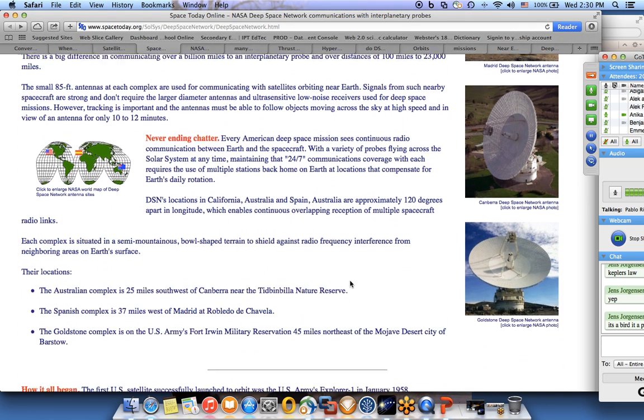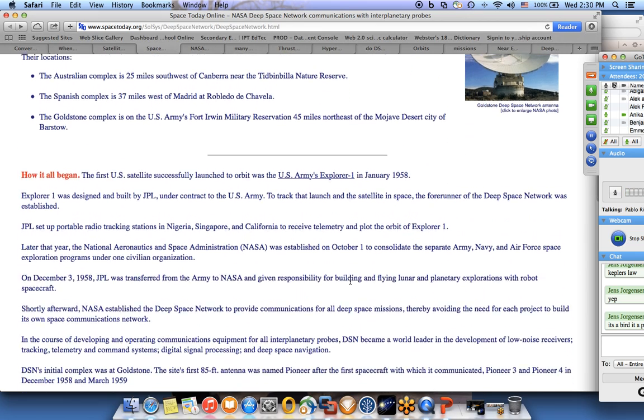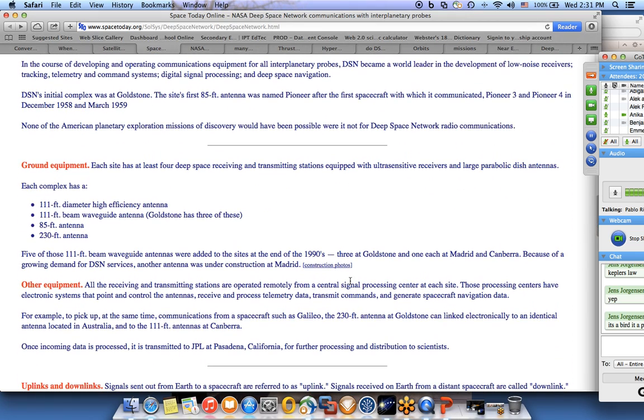There are three types of antennas here, and this website explains very clearly how things work. The small antennas are 111 feet in diameter. Those are for the satellites that are close by, just the regular low orbit satellites.